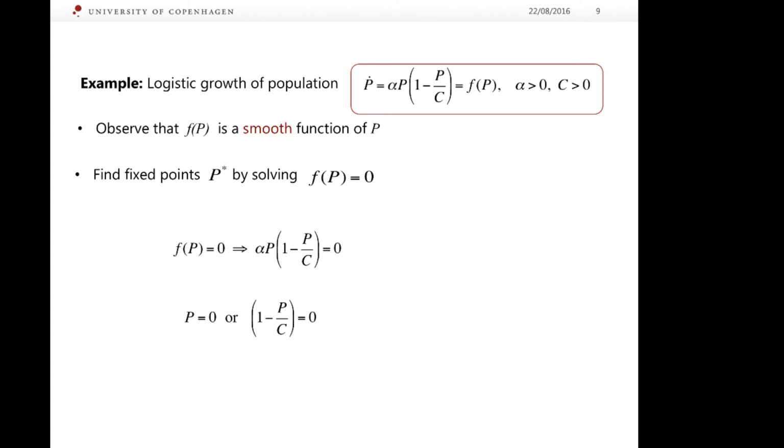The first one is p equal to 0, and the second one would satisfy the condition 1 minus p over c equal to 0. So the first fixed point is at 0, as stated before, and the second fixed point can be found from the second equation, and the second equation is solvable, so p2 star appears to be equal to c. So there are two fixed points in the given dynamical system.